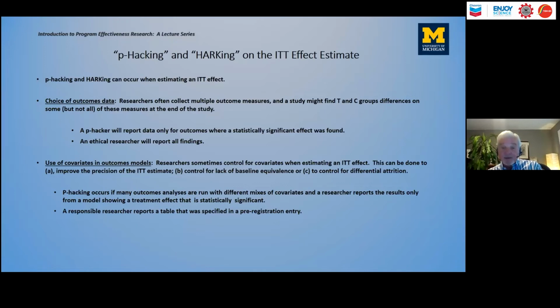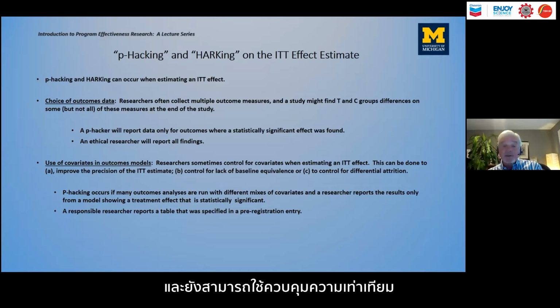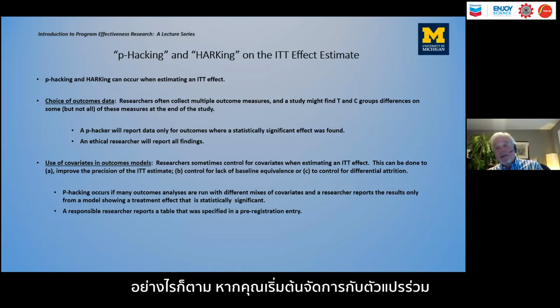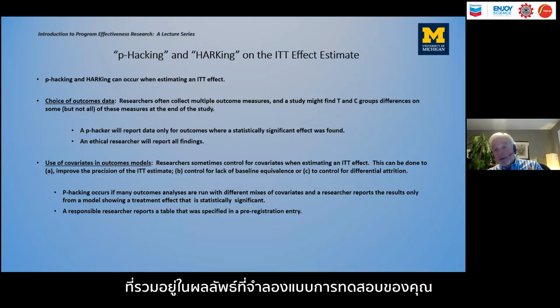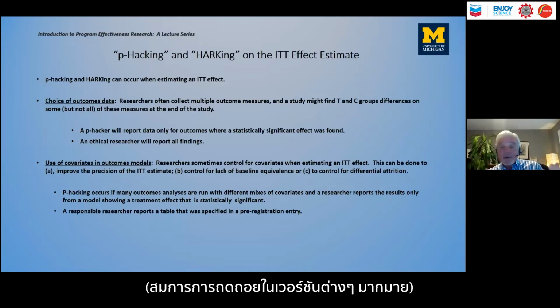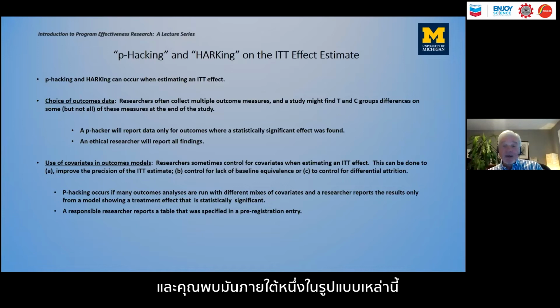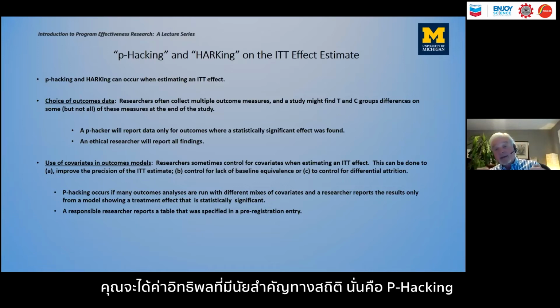We've seen also that sometimes your analyses of effects require you to use covariates to control for various confounders. Well, this is a legitimate practice. It can improve the precision of your estimates, and it can be used to control for baseline equivalence and attrition. Okay, it's a legitimate practice. However, if you start fiddling with the covariates that are included in your outcomes model, and you test many different versions of the regression equations, sometimes it has these covariates, sometimes it has those, and you find that under one of these models, you got a statistically significant effect, that's p-hacking.